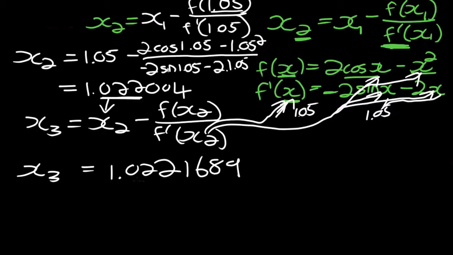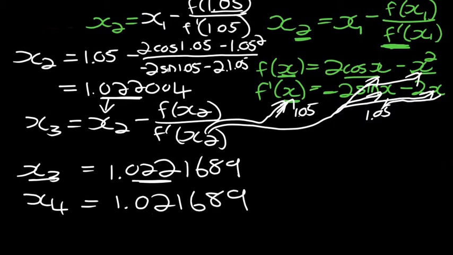Now we see from x2 to x3, our first three decimal numbers are the same, but our question said our first 5 decimal numbers must be the same. So we need to continue with this approximation, and when you use x3 to work out x4, you will get 1.021689.